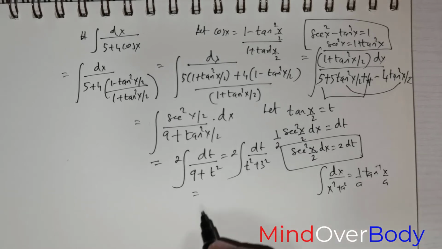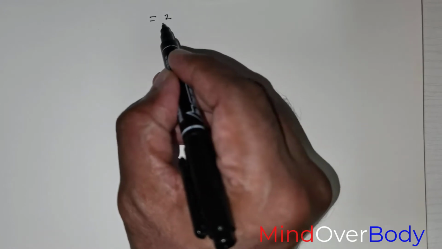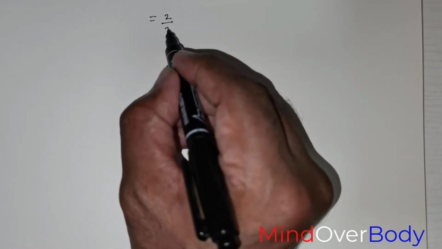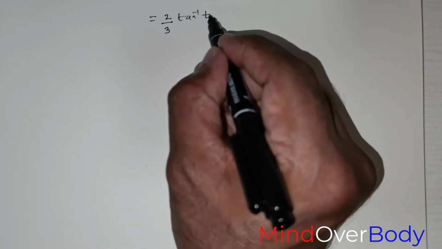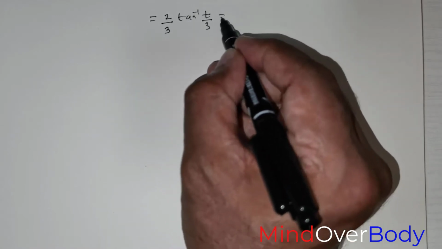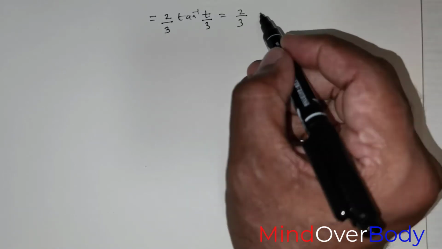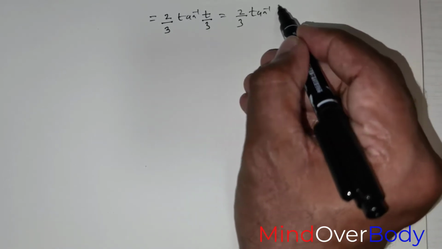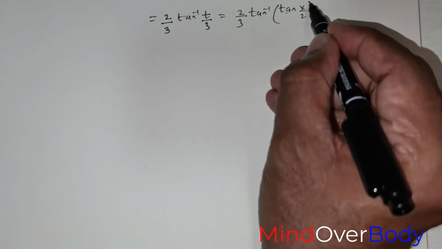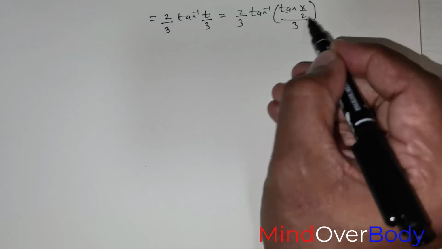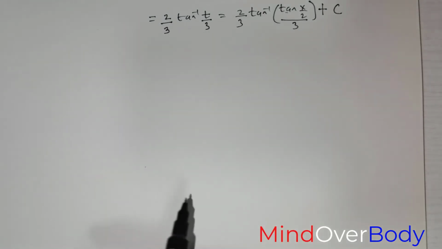So using this formula, upon integration that would give us 2 over 3 tan inverse of t over 3, but my t is tan of x over 2, so that would give us 2 over 3 tan inverse of tan of x over 2, divided by 3, plus arbitrary constant c.